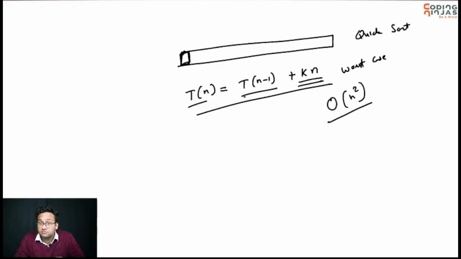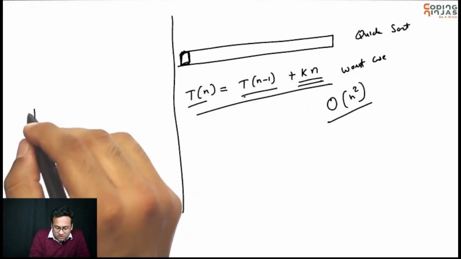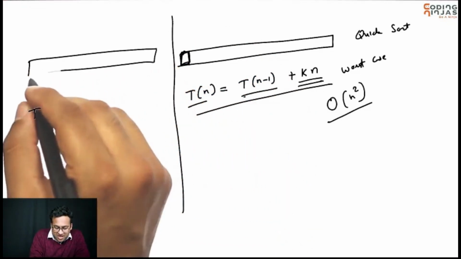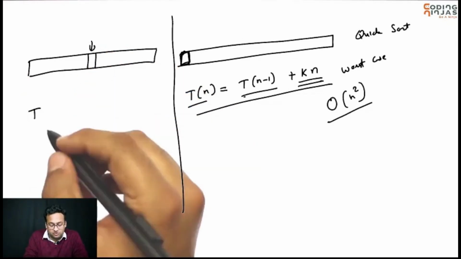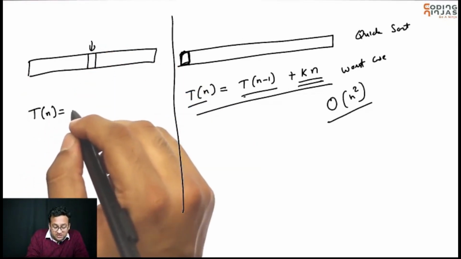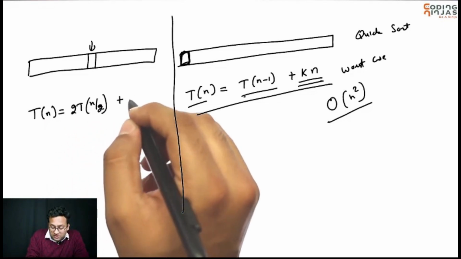In the best case, what's going to happen is your pivot will go to the middle. Now as soon as your pivot goes to the middle, this becomes T(n) = 2T(n/2) + Kn.